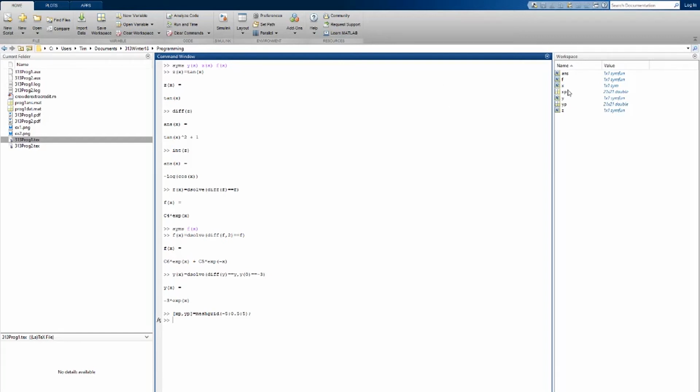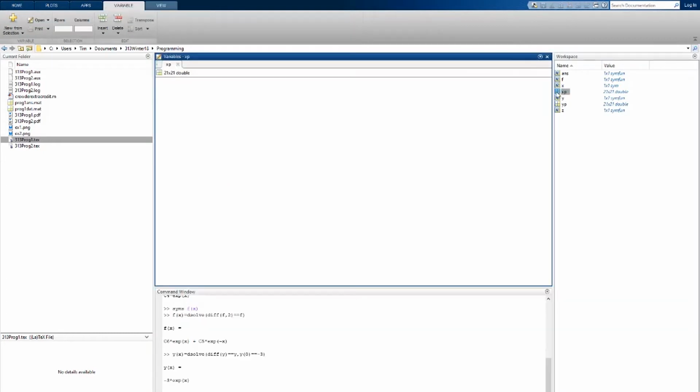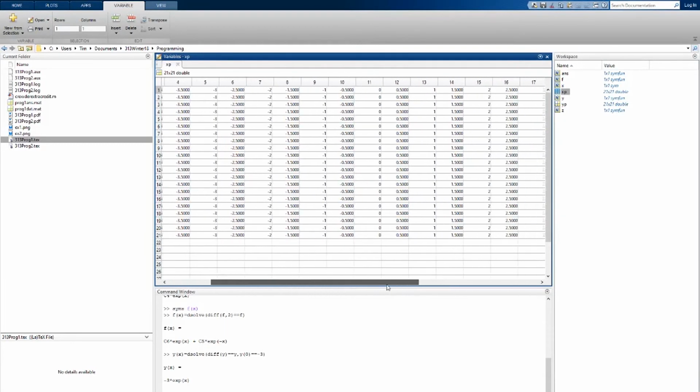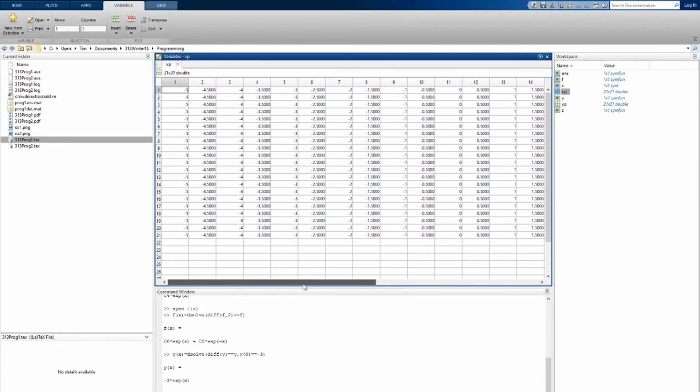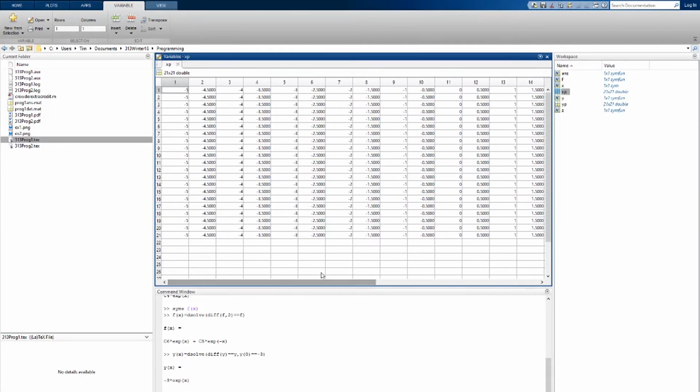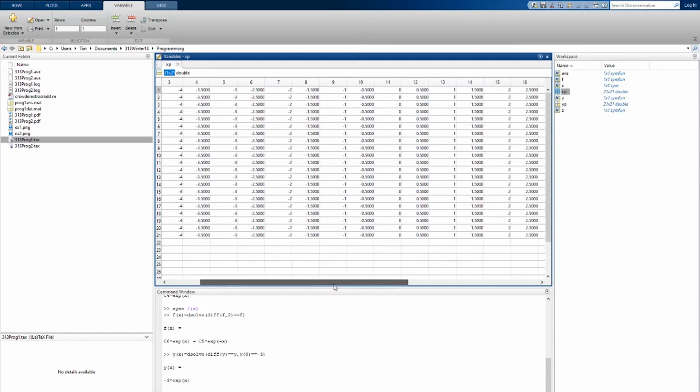I can also go over here to my workspace and click on XP, and this can show me exactly what the values of XP are. So you can see that XP is a 21 by 21 matrix, and every entry in a single column is the same as all the others.